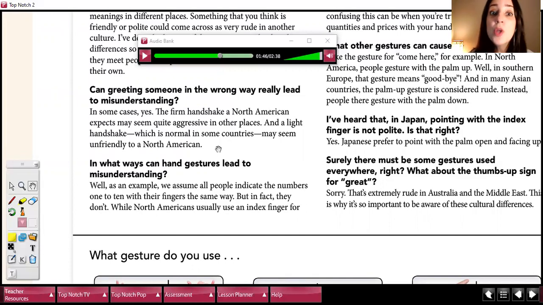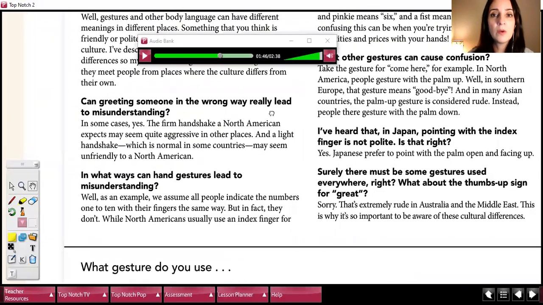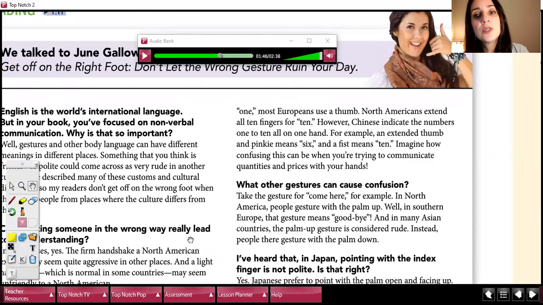But in fact, they don't. Enquanto que, então a gente usa esse while, North Americans usually use an index finger for 1, okay? Most Europeans use a thumb. So start 1, 2, 3, but Europeans use 1, 2, 3. So North Americans extend all 10 fingers for 10. However, esse however é um conector bem interessante. A gente pode usar para contrapor, né?